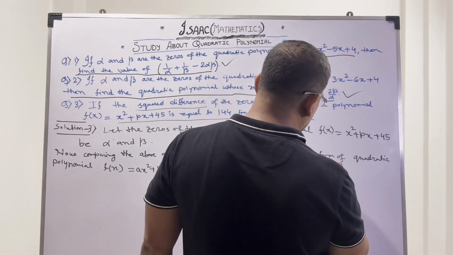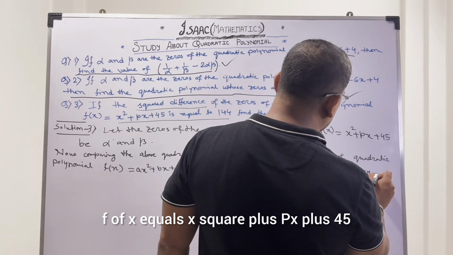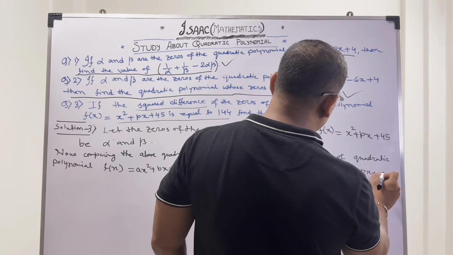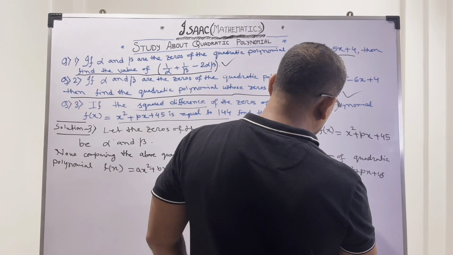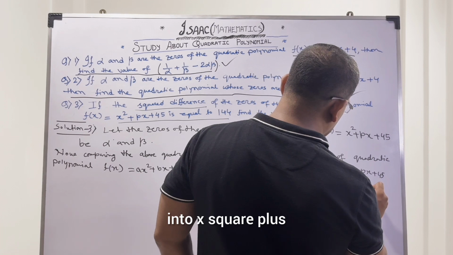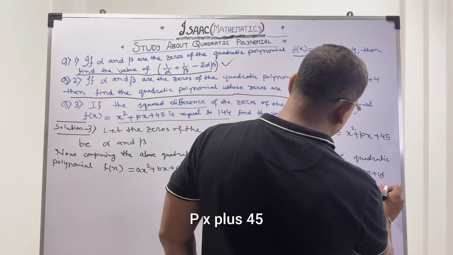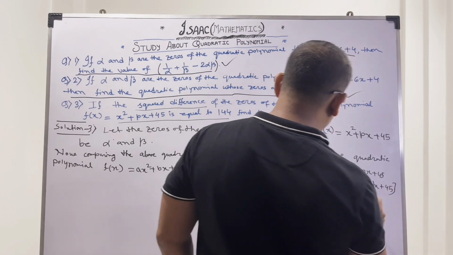Since f of x equals x square plus px plus 45 implies f of x equals 1 into x square plus px plus 45. Okay.